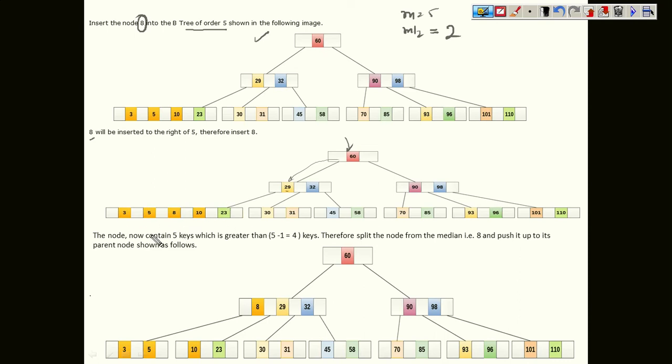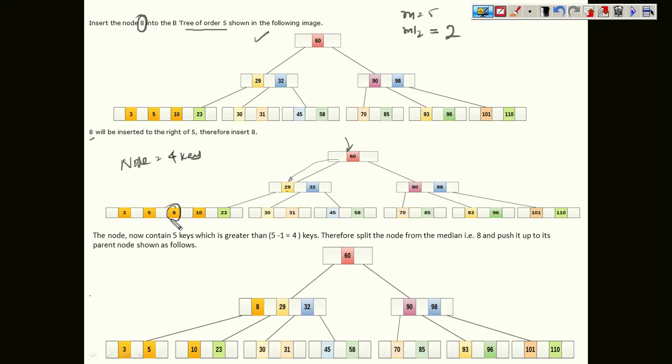When you insert the 8, it is to be inserted in increasing order, because the order property must be followed, so you insert 8 here. But we have seen that this is a 5-way tree, which means every node can have a maximum of 4 key values, but here we now have 1, 2, 3, 4, 5 key values.